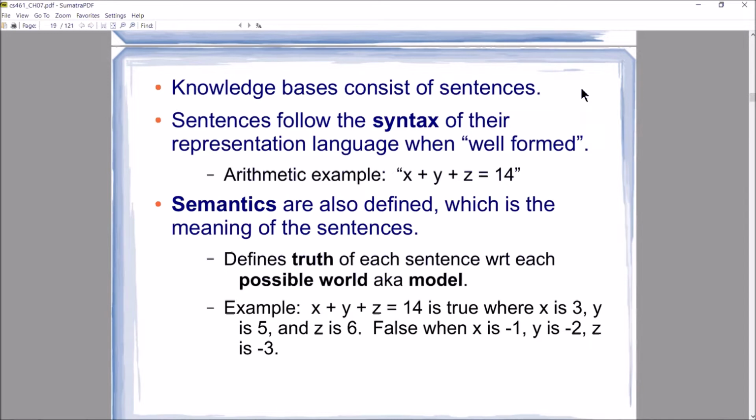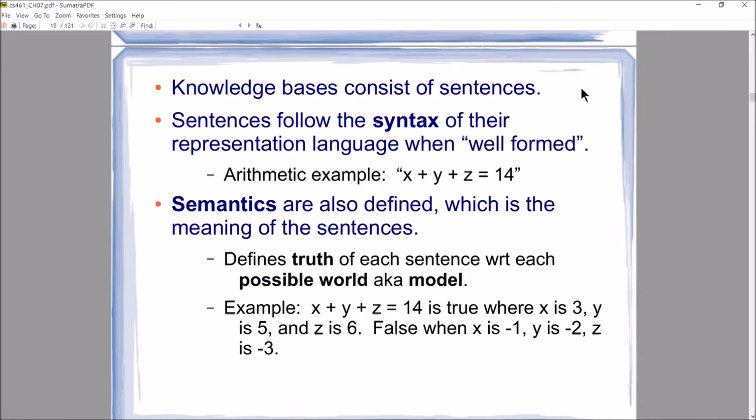You know what this means because there's a syntax for this sentence. The representational language is arithmetic, the symbology, is that even a word? How you symbolize what this means: take whatever x is, add that with y, and then add that with z. The sum of x, y, and z is going to be 14.